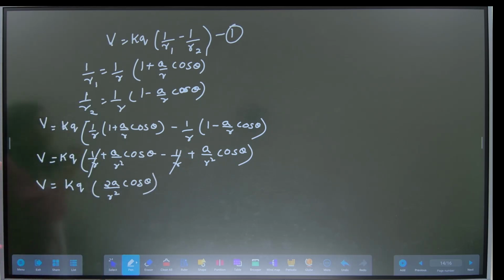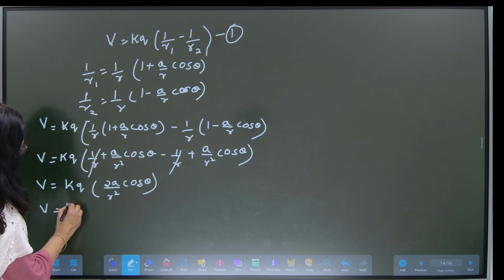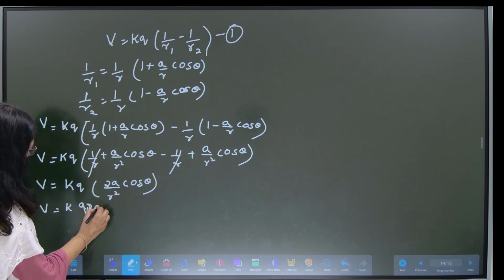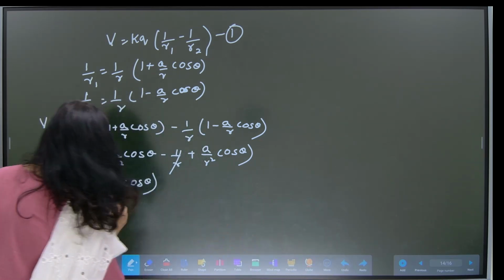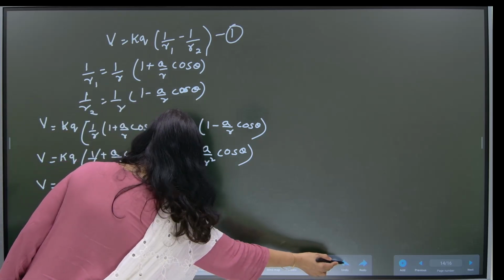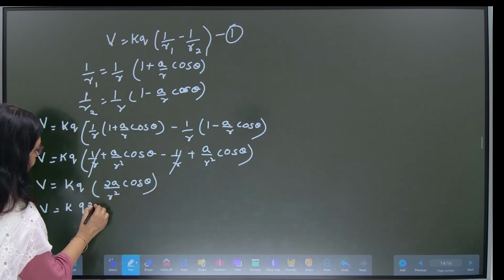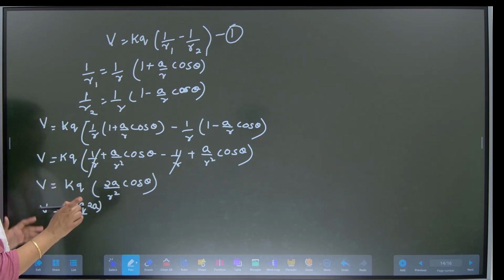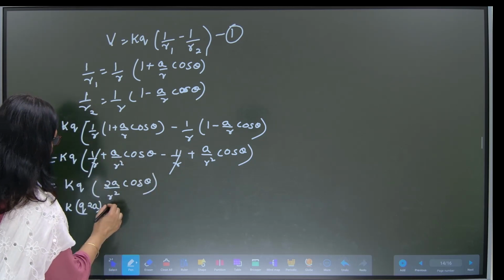So this is my V. Now I can write it further as K Q 2a, clubbing these two. And if you remember, this is the magnitude of the electric dipole moment itself.